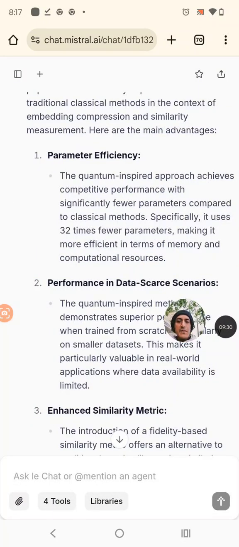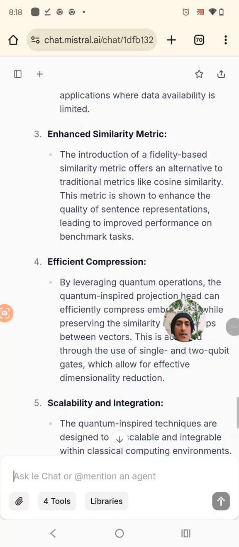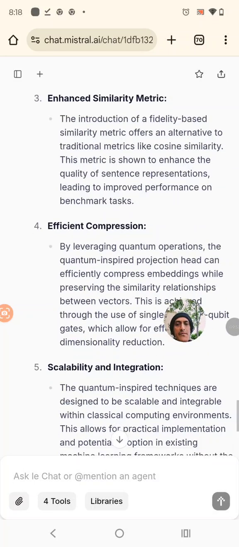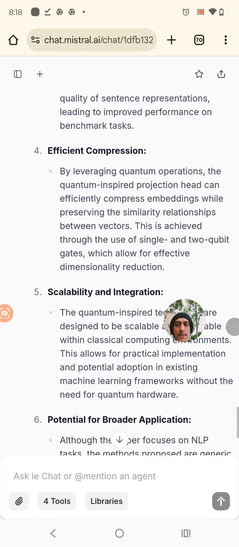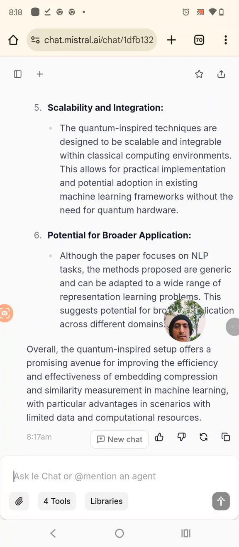So the main advantages from this quantum setup are 32 times fewer parameters, superior performance when trained from scratch with smaller datasets, and the similarity metric is a great thing. Efficient compression as well, so scalability and integration, and potential for broader application.